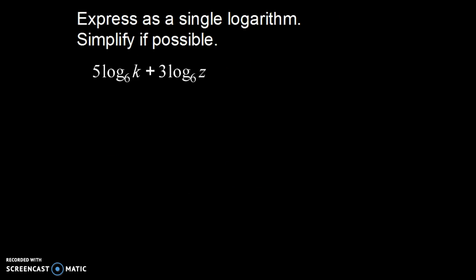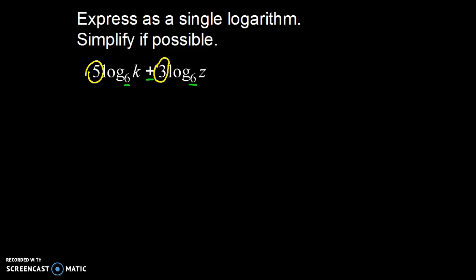There are other applications where it might be useful to apply the power property in the other direction. For example, here, we have matching bases, and we're adding, so we probably want to condense this into a single log. But I'm not really sure yet how to deal with this 5 and this 3 out front.